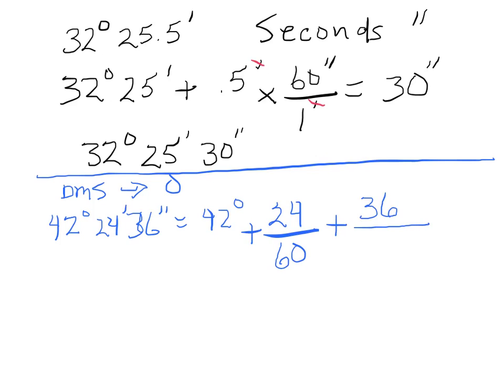There are 60 times 60. So this is the part to be careful of. So you got 36 over 3600, which of course you can all do in your head to come out to 42.41 degrees. I'm kidding about doing it in your head, by the way.